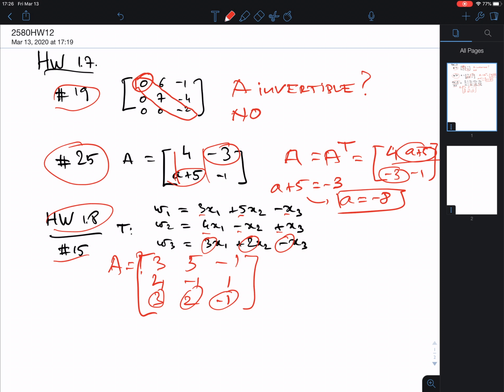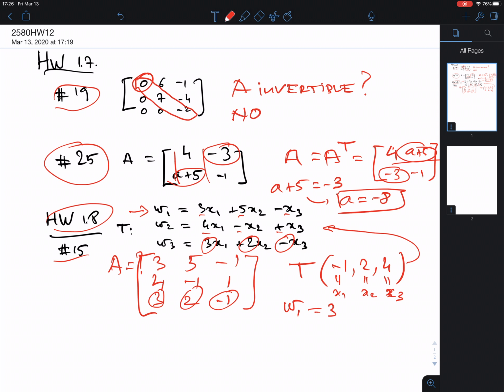Okay, that's our matrix. Then they ask us also, what is T of minus 1, 2, 4? Well, we can plug this in, so this we put in x1, this is x2 and x3. We can plug that inside these equations. I'm going to do it only for the first one, so I'm only going to calculate W1.